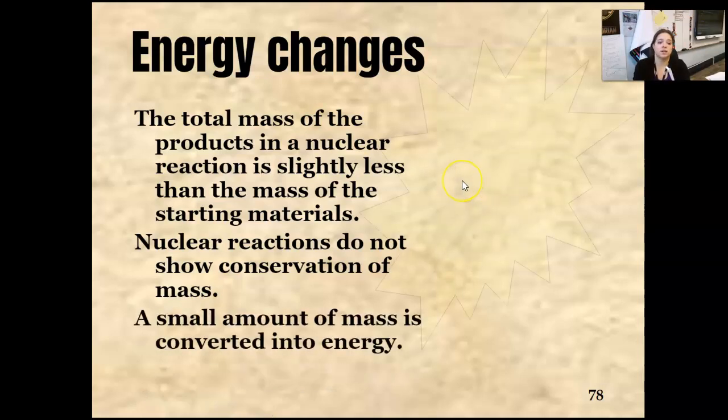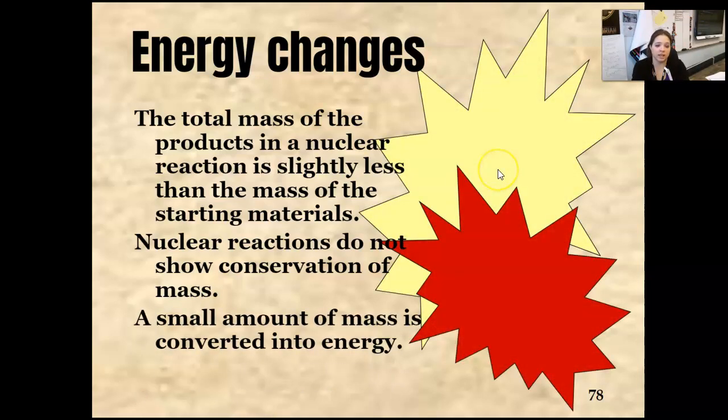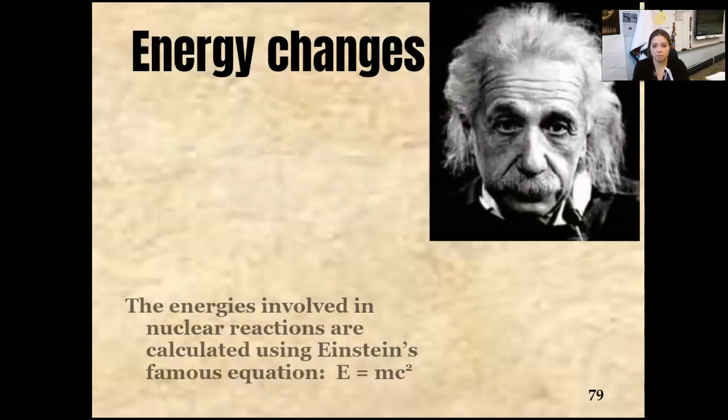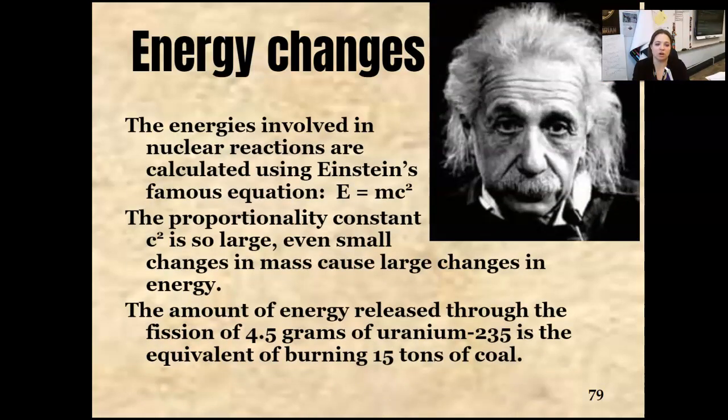Energy changes. So total mass of the products in a nuclear reaction is slightly less than the mass of the starting materials. Nuclear reactions do not show conservation of mass. A small amount of mass is converted into energy. Oh no. So the energies involved in nuclear reactions are calculated using Einstein's famous equation, E equals mc squared.